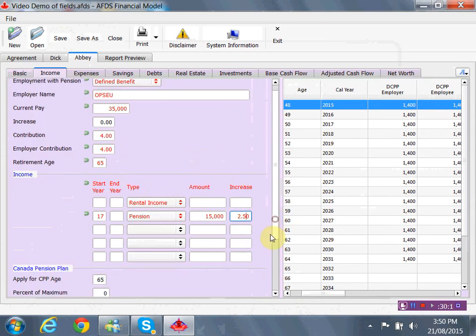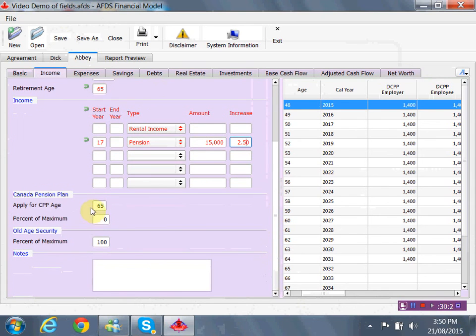So again, for her, we need to look at, if we change this and instead said she was going to retire at 60, maybe then she wants to do, oh yes, of course that would change here.